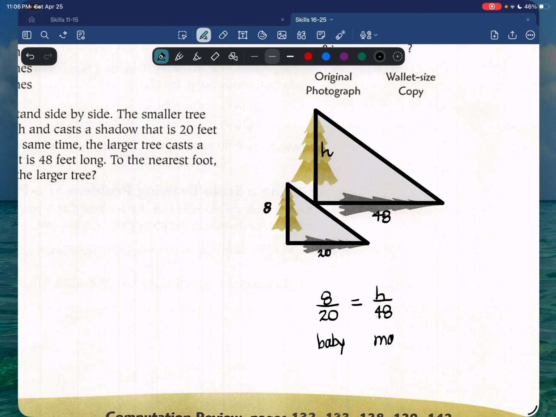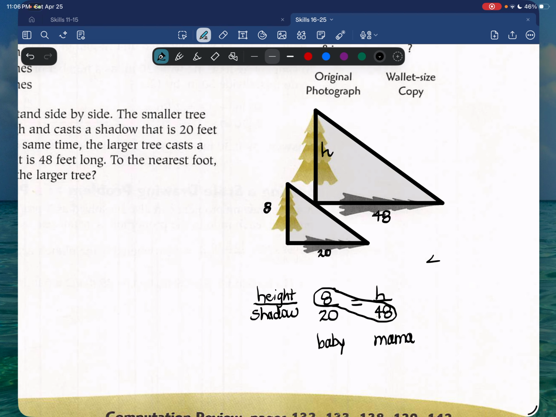This is mama or daddy. And this is height over shadow. But you're ready to solve it once you see those numbers.